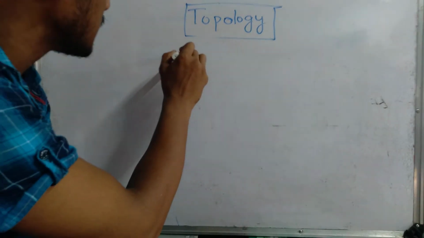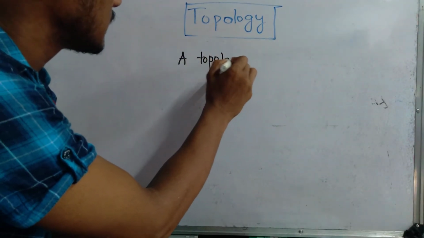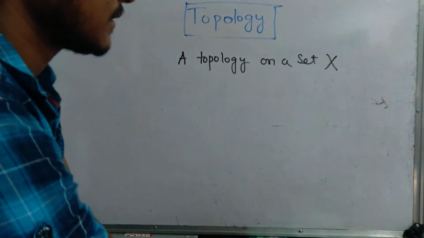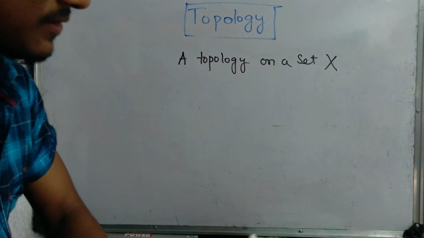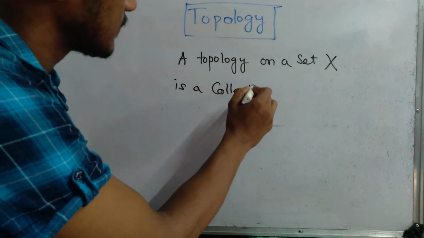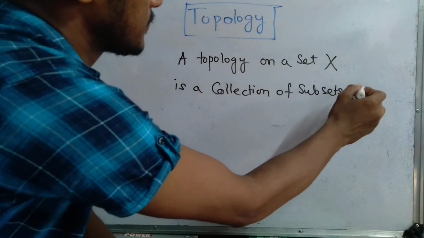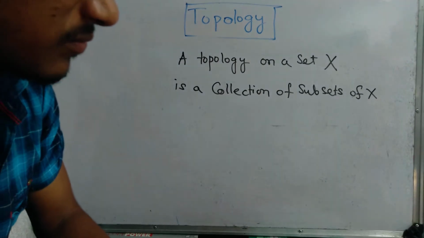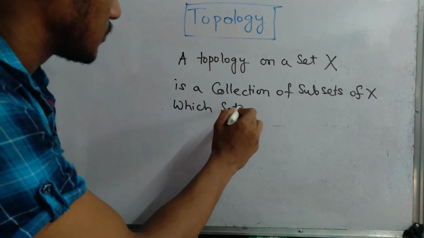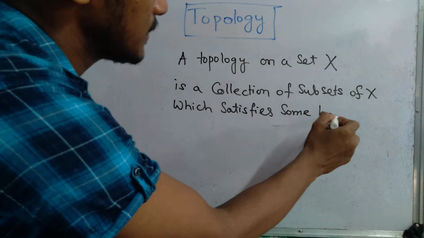A topology on a set X, defined on a set X, is a collection of subsets of X which satisfies some basic properties.